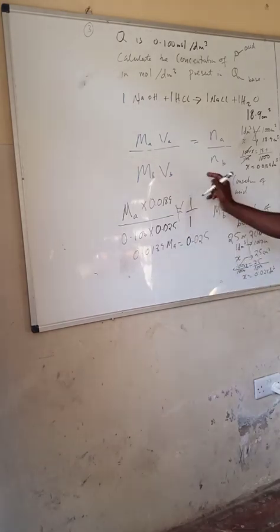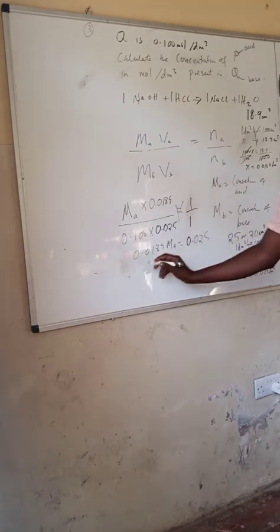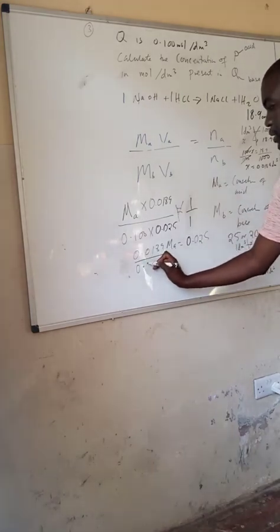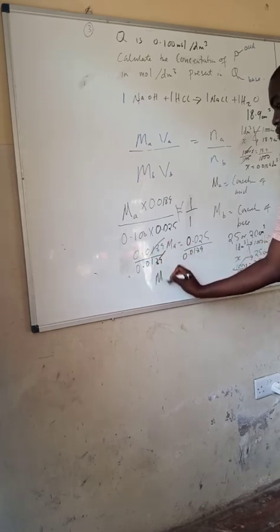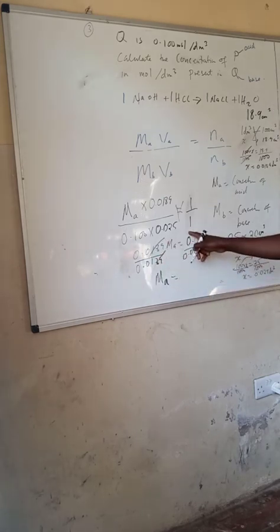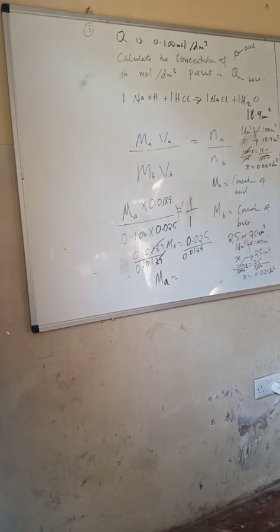Okay? Times that one, I think you already know how to do that. You divide by 0.0189, also this side by 0.0189. You cancel this, you cancel this. So concentration is going to be equal to this one divided by this one: 0.025 divided by 0.0189.